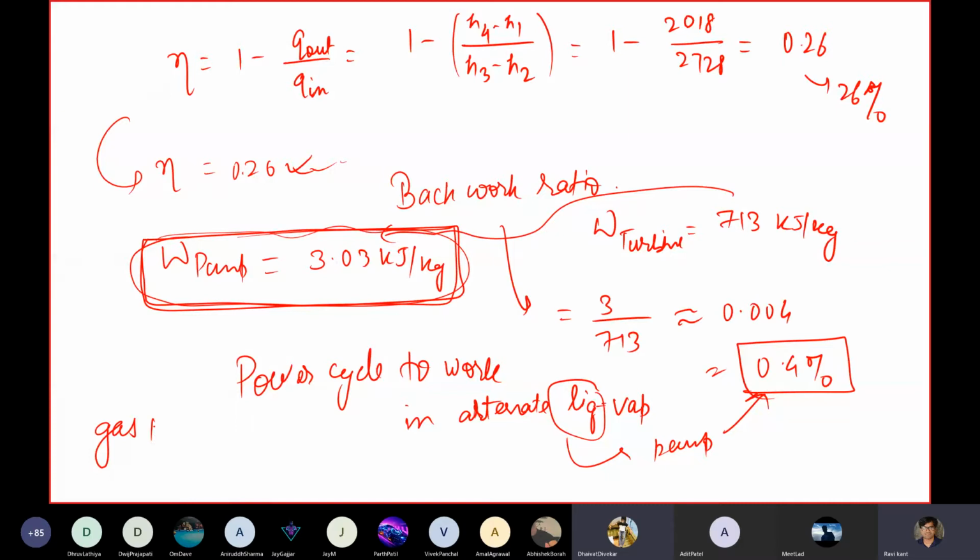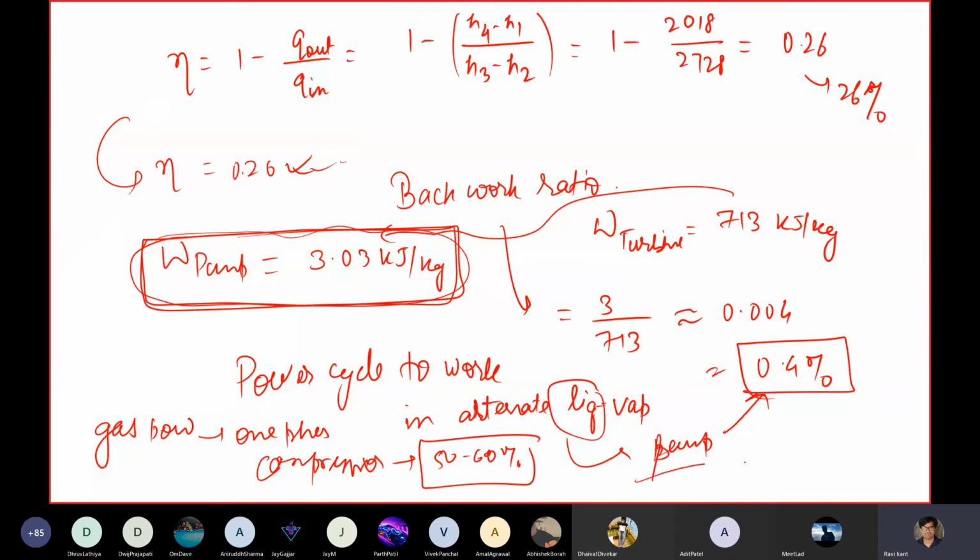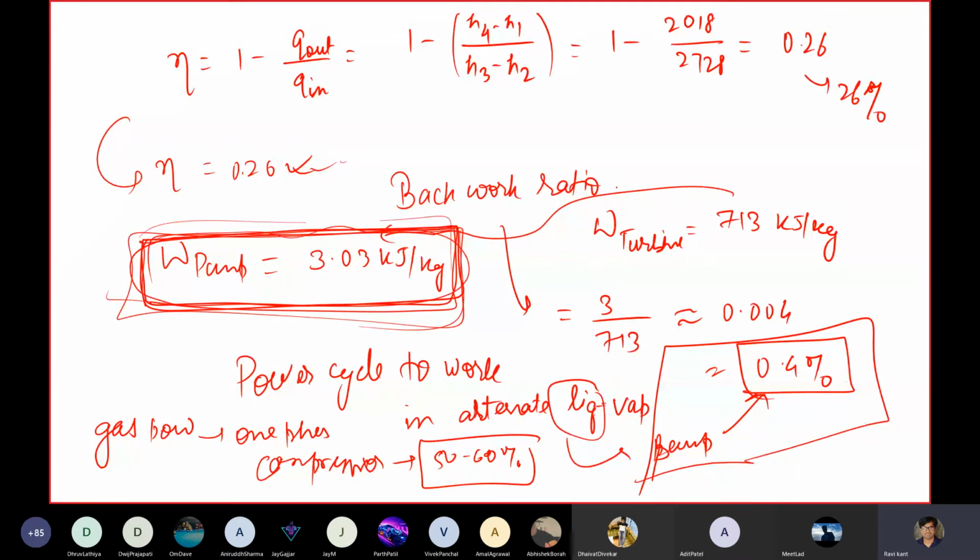With gas power cycles you are working in only one phase, and you see that compressors take more than 50 to 60% of whatever turbine output you are getting. So you can see the advantage of running the steam power plant with a pump. Your turbine is okay, and you are only inputting a little energy from the pump, and this is so good to work with, isn't it? This is the beauty of working with a steam power plant with a pump.